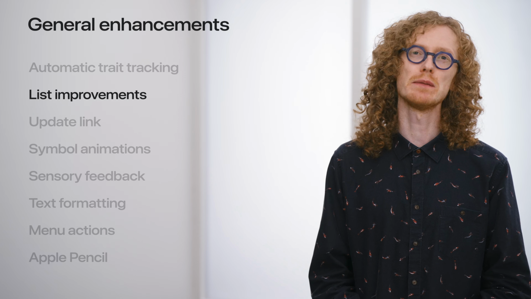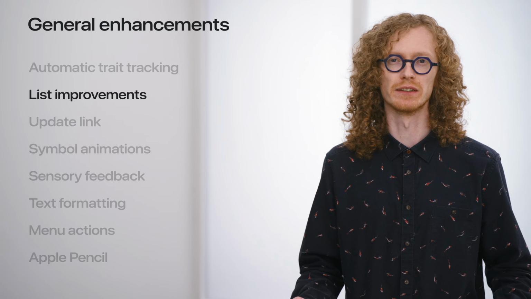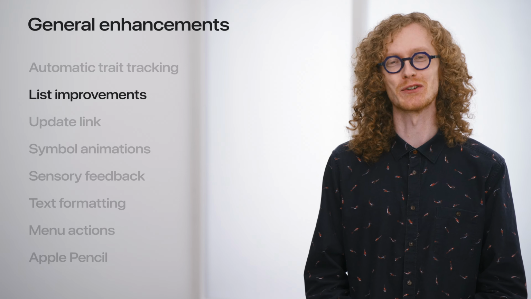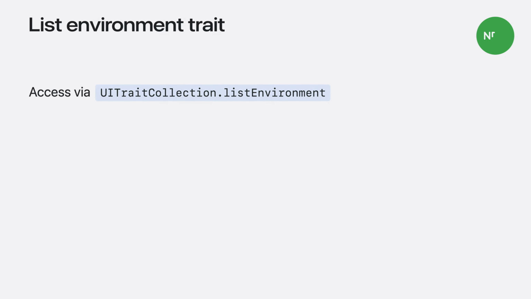Next, collection and table view APIs have been updated, making it easier to update your cells. All views in UICollectionView list sections and UITableViews now have the list environment trait set. The list environment describes the style of the list that the view is in. Use this trait to ensure that cells are styled appropriately in any given list.